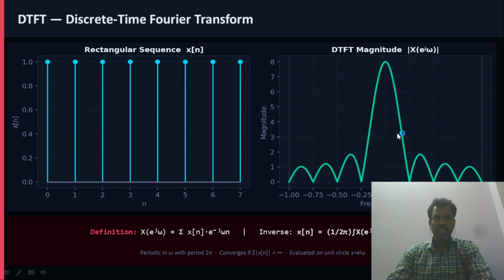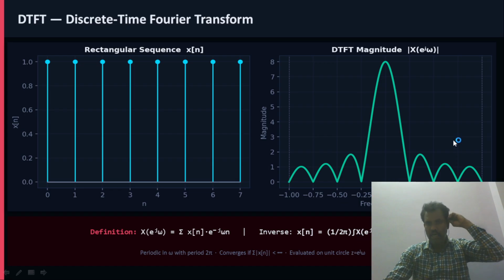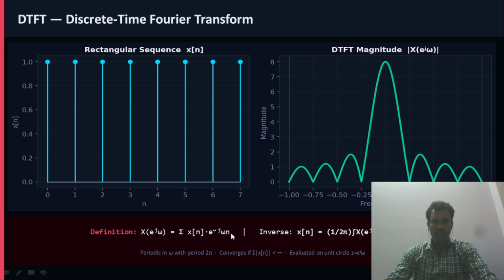Hence, if you find the inverse transform, as it is continuous, we will apply integration, and it is periodic: 1 by 2 pi integration of x of e power j omega and the inverse kernel e power j omega n d omega, right? But why is the name discrete time? Because the frequency is not discrete, it is continuous. That's why it is called discrete time Fourier transform.